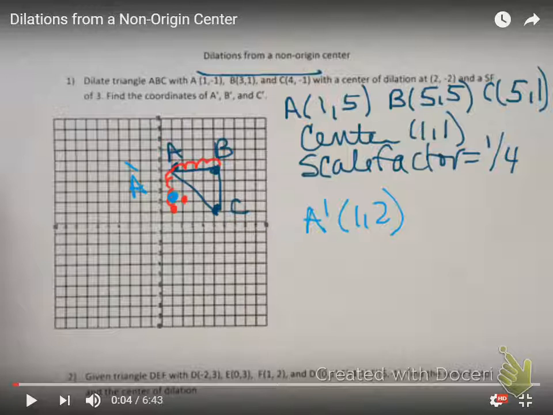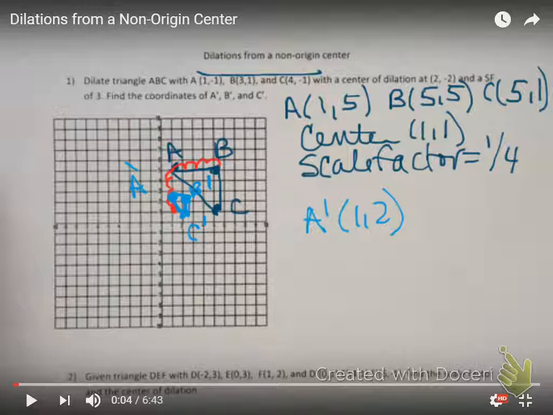That's B prime. And then C from my center is 4 units right. If I want to go 1/4 of that, that would be 1 unit right. And there's C prime. So I've made a very small triangle. It's only 1/4 in each direction from that center.